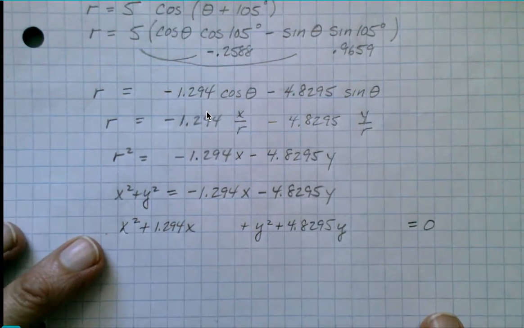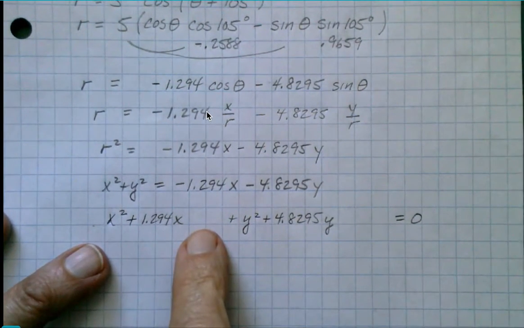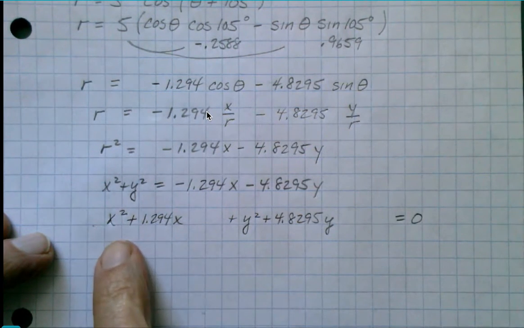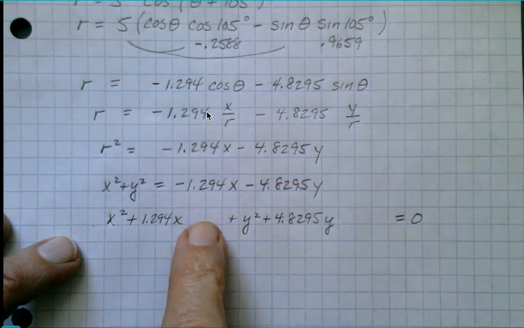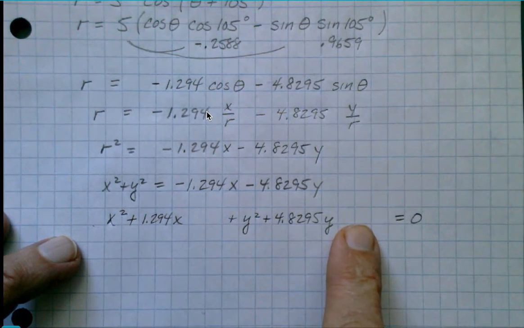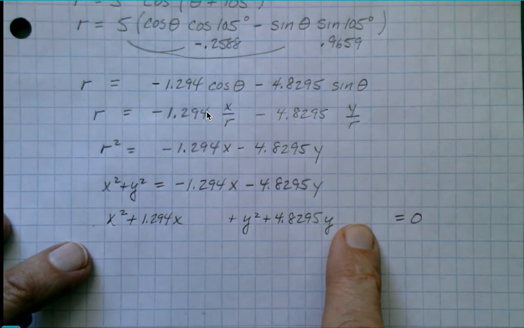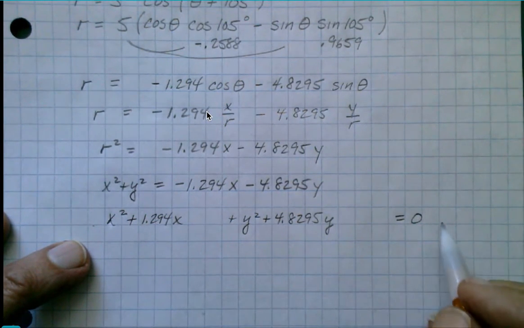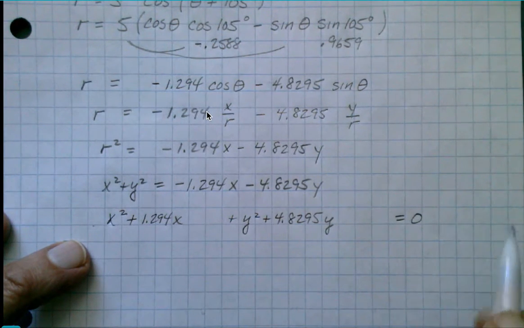And what remains for you to do is to figure out a number that will complete the square for the x's. It'll be a messy decimal number, and then you'll need to add a number over here to complete the square for the y's, and it too will be a messy decimal number. And of course, you'll need to add both of those things over here.